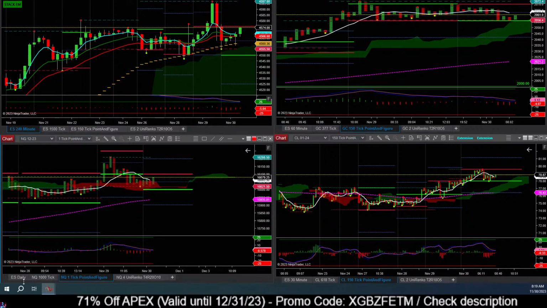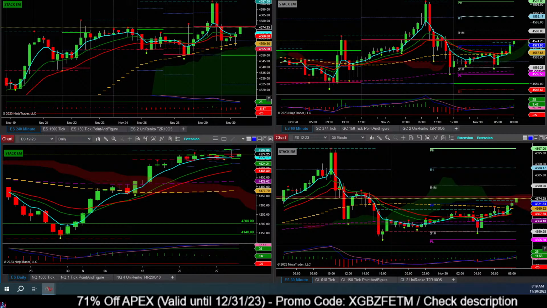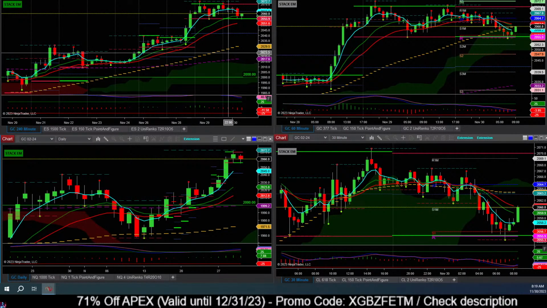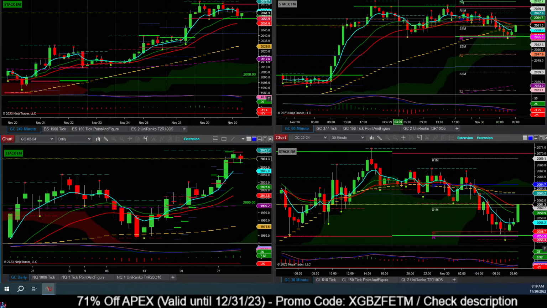minute charts. So I'm going to start with gold. So in compression, 240, bouncing off of the support, now coming back up in the 60 minutes as well, giving this range bounce off of the 2055.